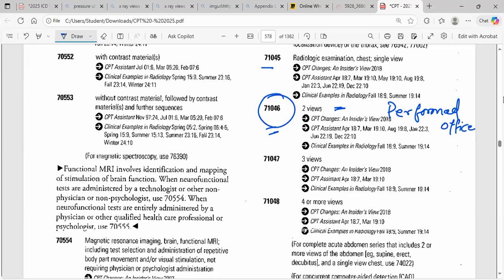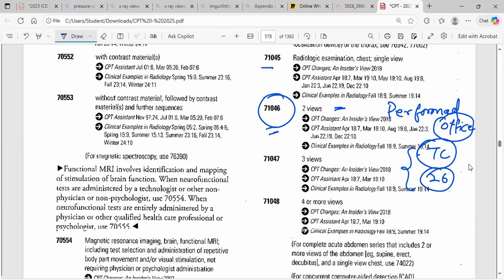So our clinic is providing the technical component, as well as the doctor interpreting it.